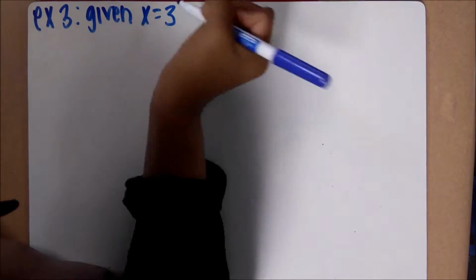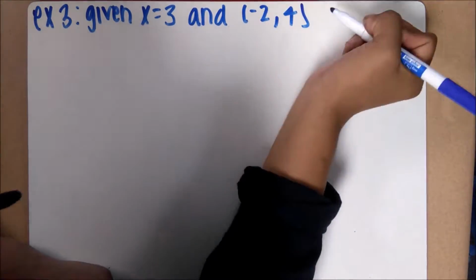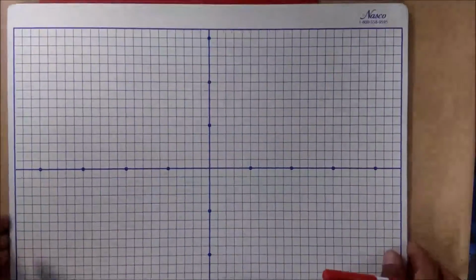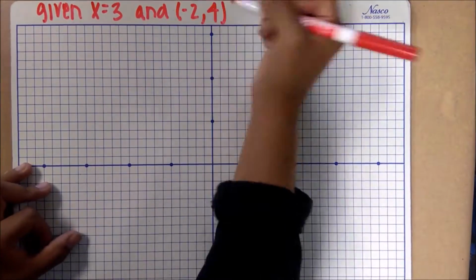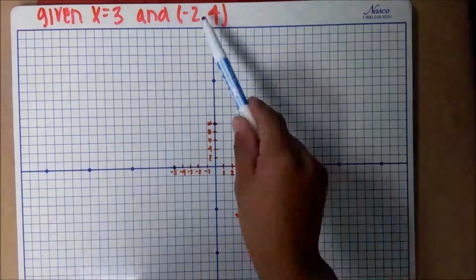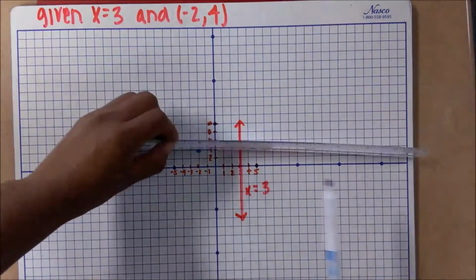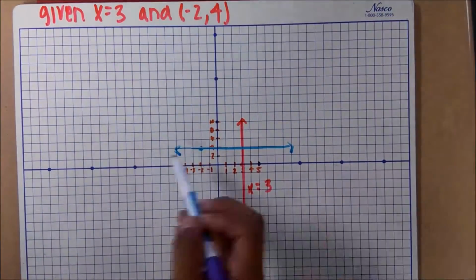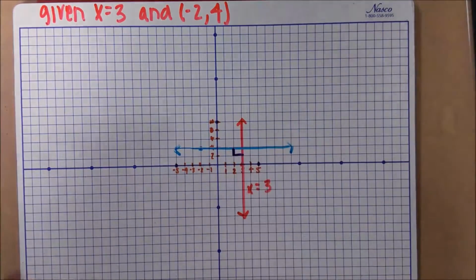In example 3, you will be given a line and a point. Just like the rest, we will find a perpendicular line. The first thing you do is graph x equals 3 scaling x by 1 and y by 2. Now you will graph the given point negative 2, 4.